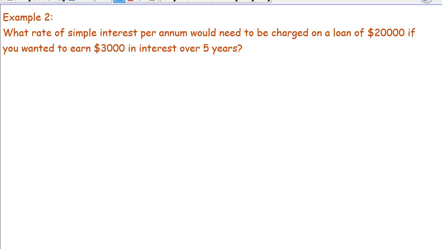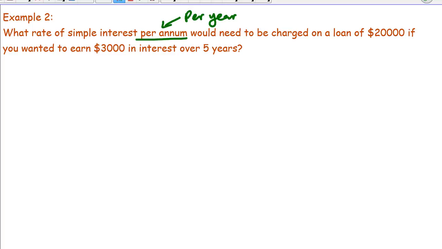I'll look at another example. What rate of simple interest per annum would need to be charged on a loan of $20,000 if you wanted to earn $3,000 in interest over 5 years? What you need to know is per annum means per year.